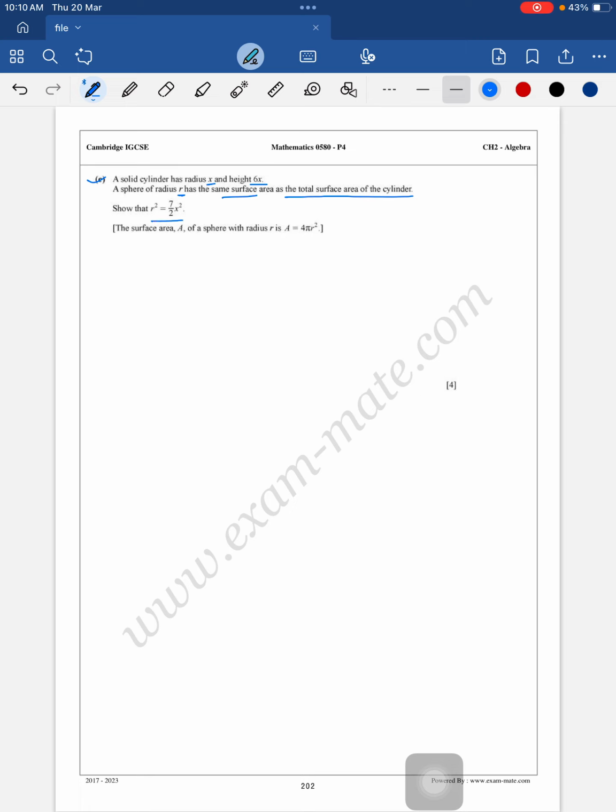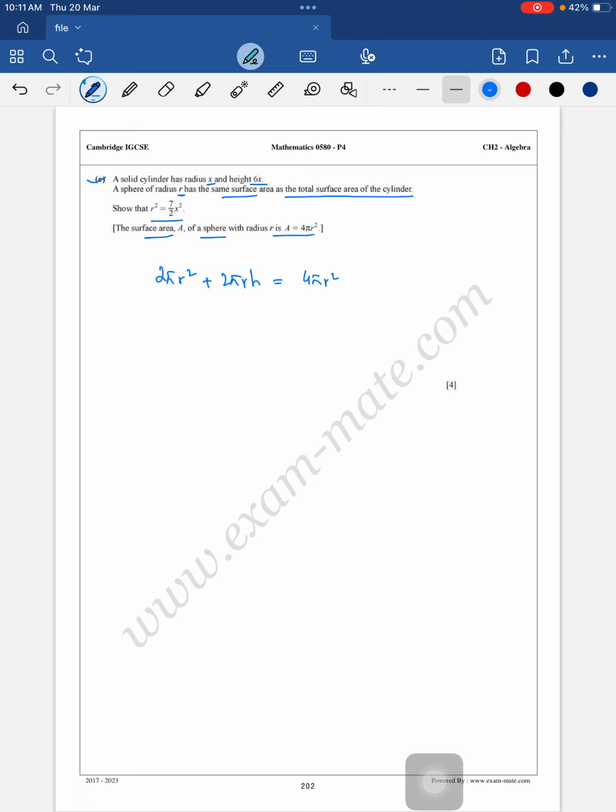Okay, we have the surface area of a sphere with radius r is 4 pi r squared. The surface area of a sphere of radius r is the same as the total surface area of the cylinder. So the total surface area of a cylinder is 2 pi r squared plus 2 pi r h, which is equal to 4 pi r squared.